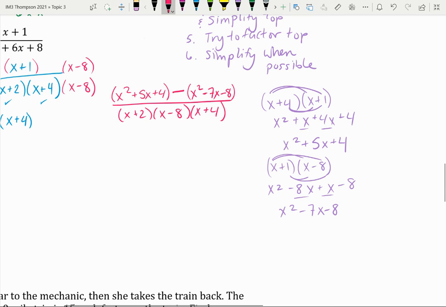Before I keep going, are there questions I can answer right now? Nothing's been different so far from what I did with addition, but I'm about to add a step.